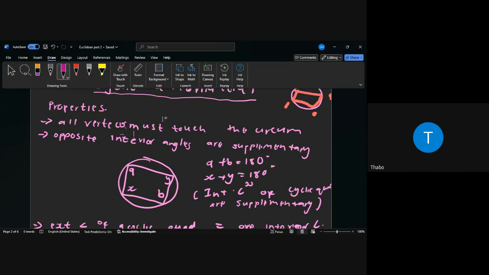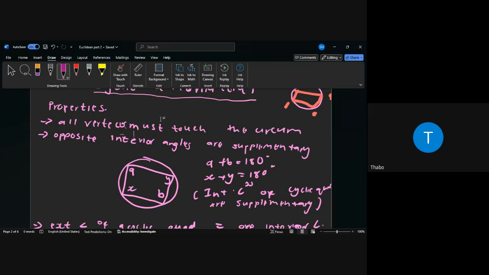So if you are asked to prove that something is a cyclic quad, you're either gonna prove that the opposite interior angles of whatever the four-sided figure is are supplementary, or you're gonna prove that the exterior angle is equal to the opposite interior angle. Why do I say whatever the figure is? Because you're still yet to prove it. It's not a cyclic quad yet. It's a cyclic quad after you have proved it.